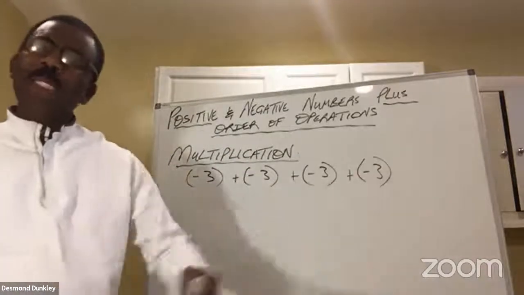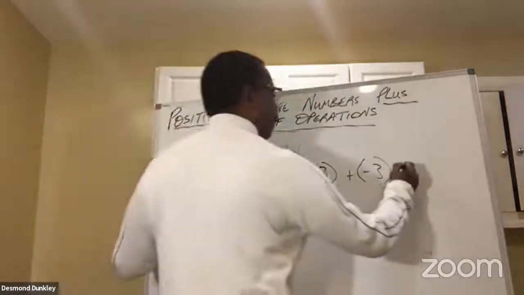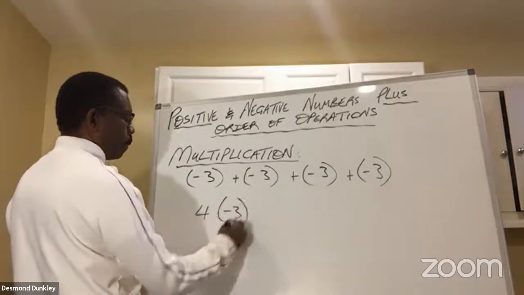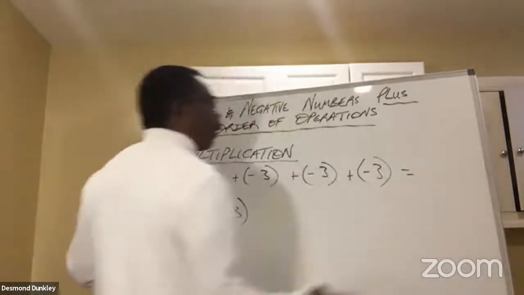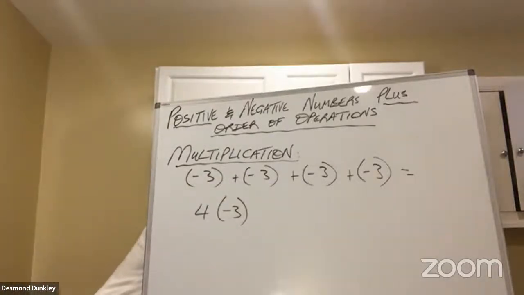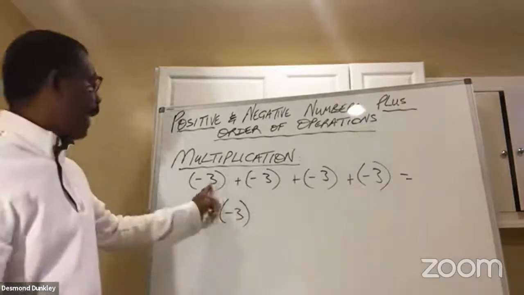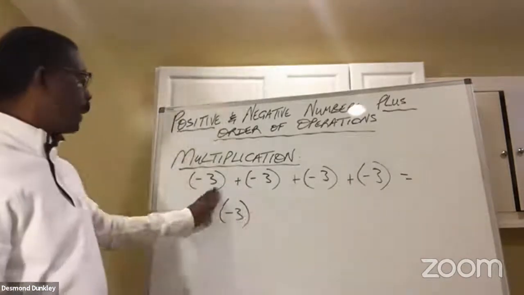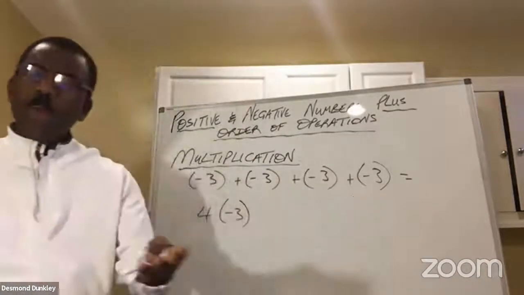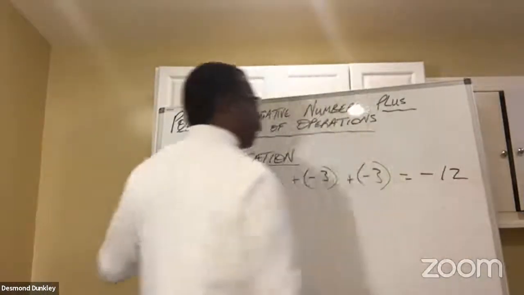So instead of writing it 4 times, I could say, oh, it's 4 times negative 3. Now, if I just add these numbers together, 3 negatives, and 3 negatives, and 3 negatives, and 3 negatives, everyone can see that's a total of negative 12.